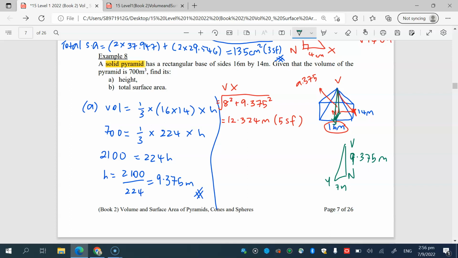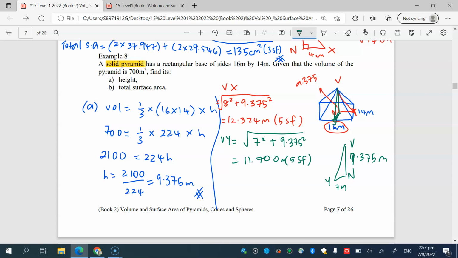And then you want to find Vy. So Vy is just equals to square root 7 square plus 9.375 square. So a lot of Pythagoras theorem. You see how Pythagoras theorem is useful for such questions. And you square root it, you get 11.700 to 5 SF.